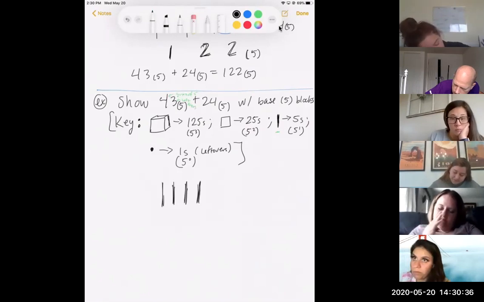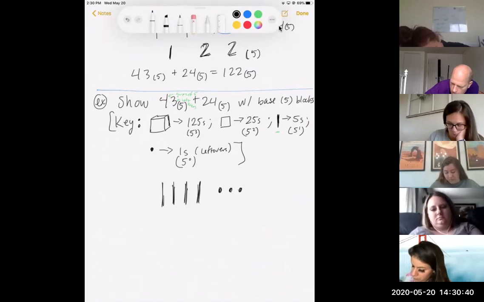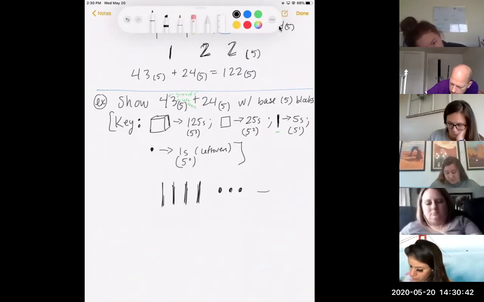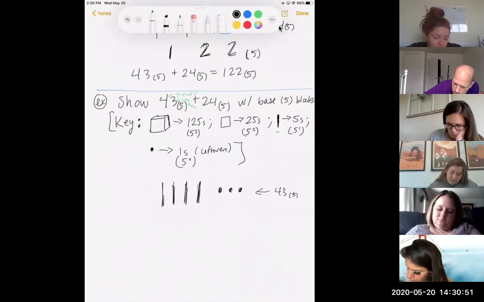So I'm doing 43 base 5, 3 dots, which represent the little cubes. That's 43 base 5. Then I'm going to model the 24 base 5 now.